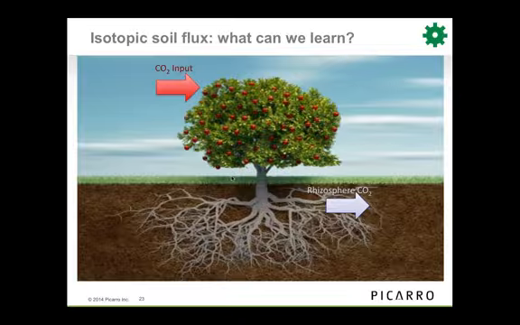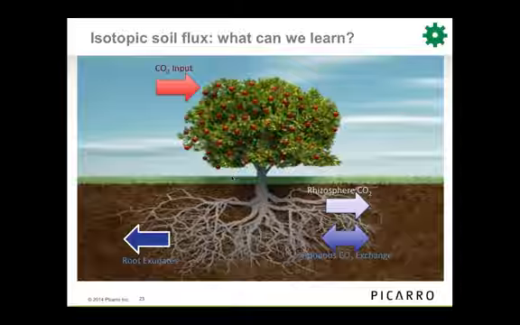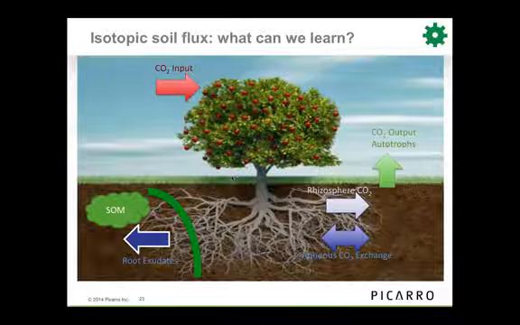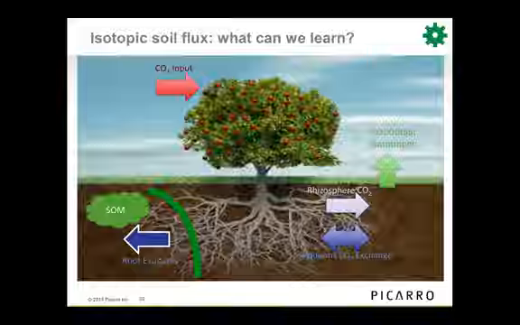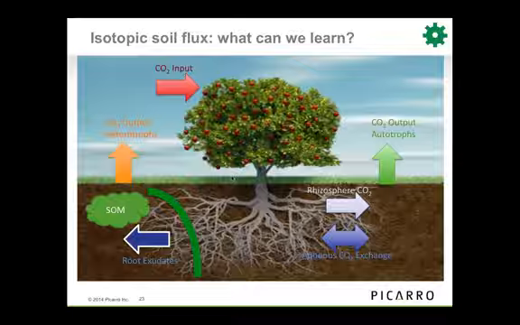So we get a very different rhizosphere CO2 signature. We can have very different aqueous CO2 exchange isotopic signatures. The root exudates have different isotopic signatures, as does the soil organic matter for various reasons. And so what we end up being able to do, based on these signatures, is look at what's coming out of the soil from autotrophic respiration, and you can even break that down further to see what's coming from rhizosphere versus stem respiration.